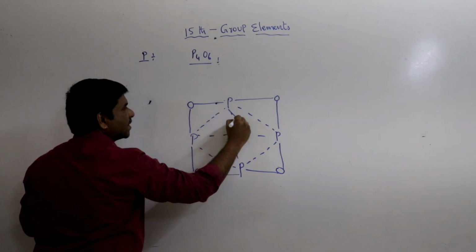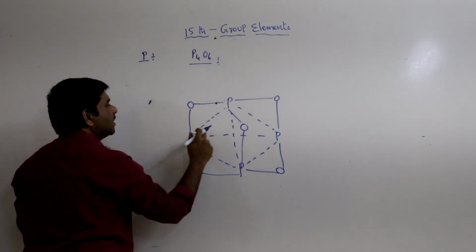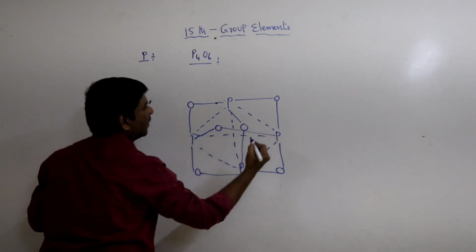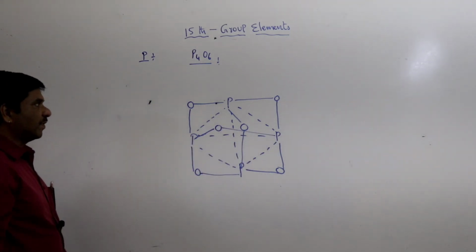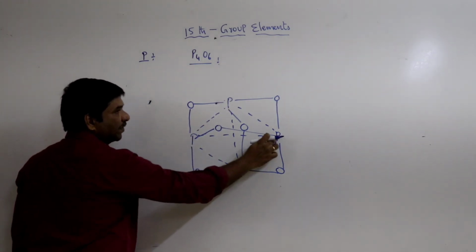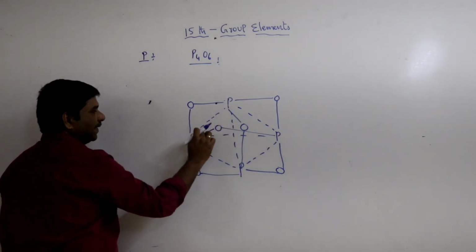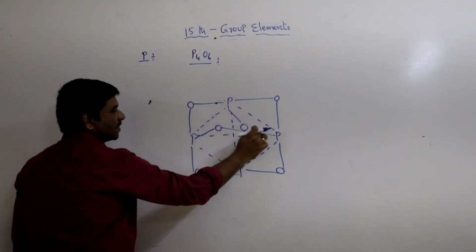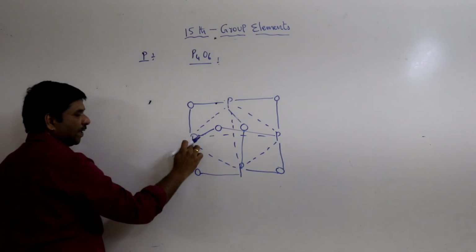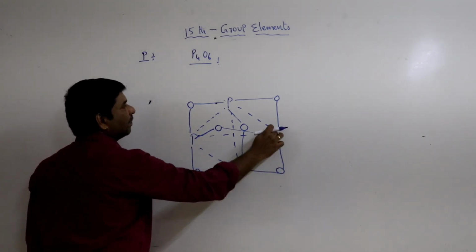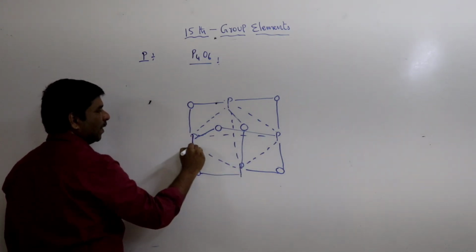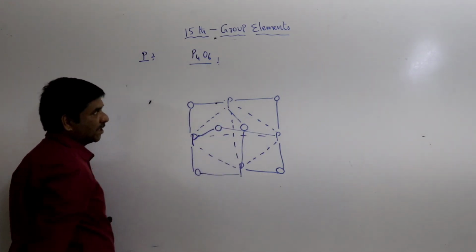Phosphorus and phosphorus are bridged by one oxygen, and this phosphorus and phosphorus are bridged by another oxygen. Check it: 4 phosphorus atoms form a tetrahedral shape. The middle dotted lines mean no bonding here. Bonding is through P-O-P, P-O-P, P-O-P, and the middle also has P-O-P bonds.